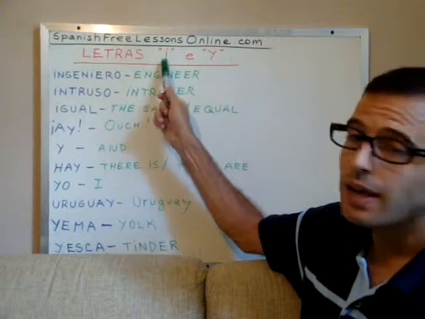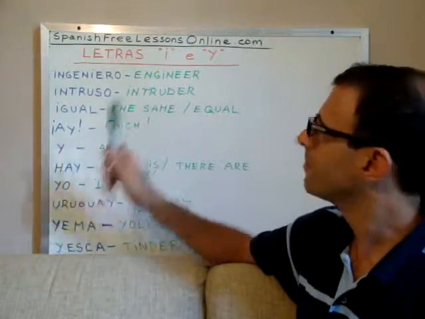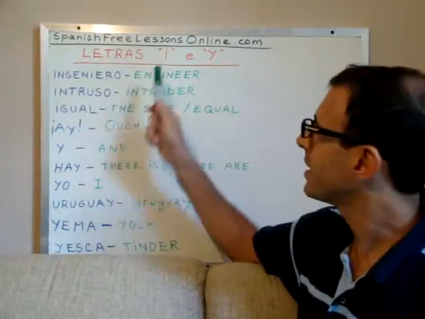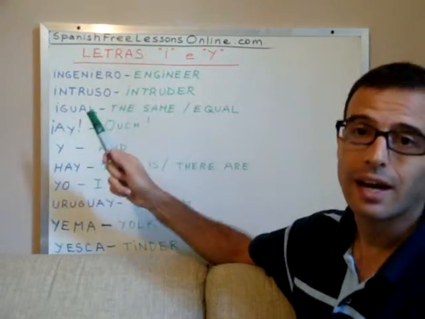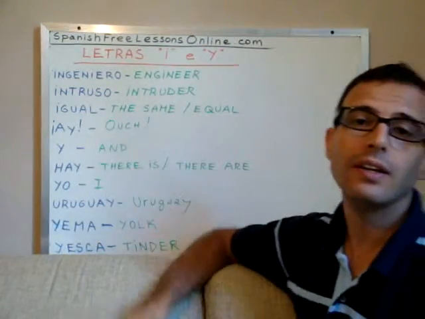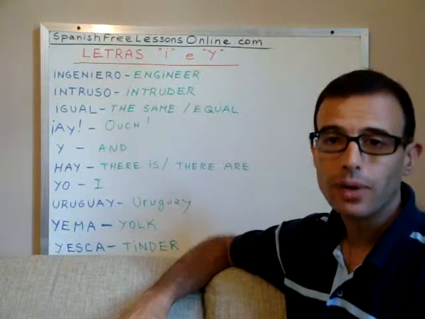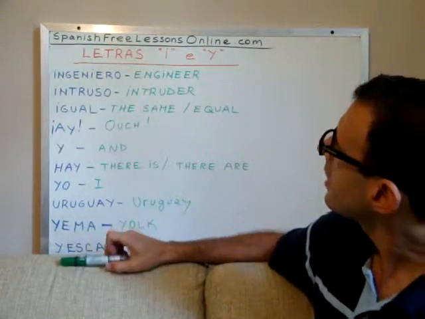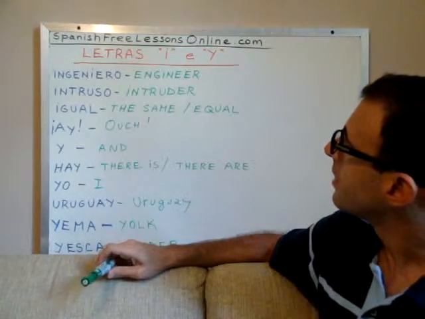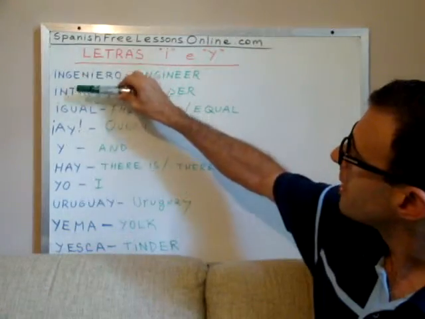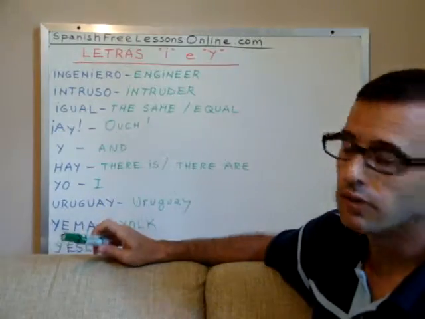So I would be I Latina or Latin I. Y is Y griega or Greek I. Okay? And I want to show you some examples on how each one is pronounced.